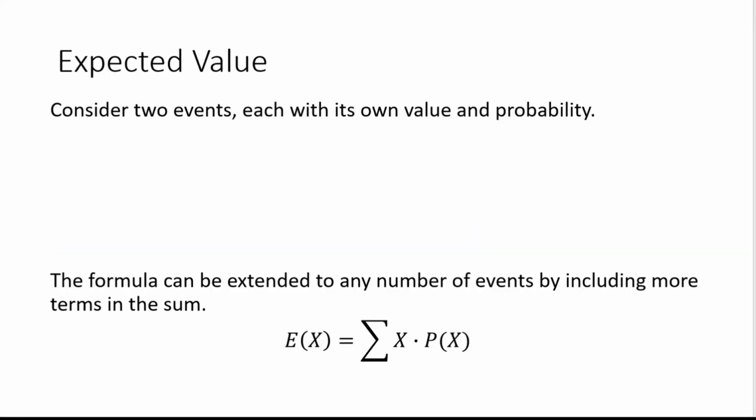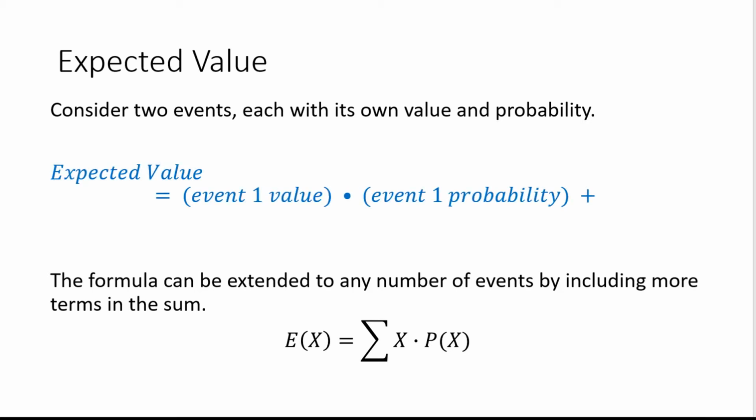Expected value. Consider two events, each with its own value and probability. We compute expected value as the product of the event 1 value times the event 1 probability plus the product of the event 2 value times the event 2 probability.